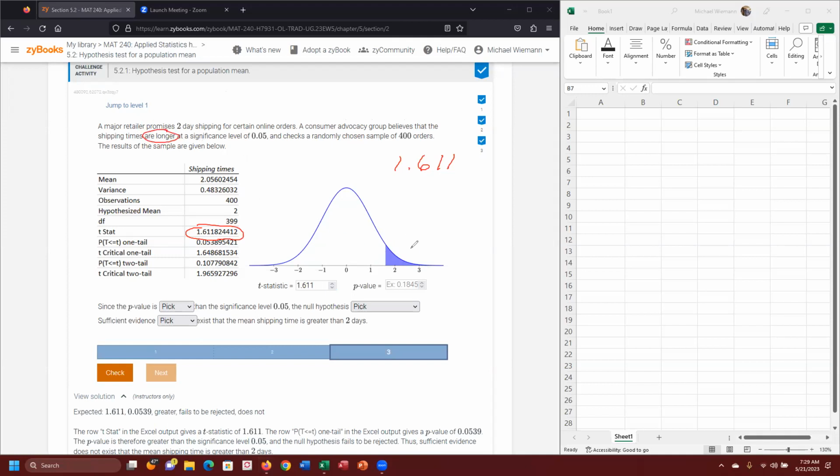Longer is going to be a 1-tailed test. And the graph here also leads us to believe that it is a 1-tailed test. So you're pulling it off of that right there. And we need 4 decimal places. 0.5389 is going to round up to 9, so we're going to use 0.0539 here.